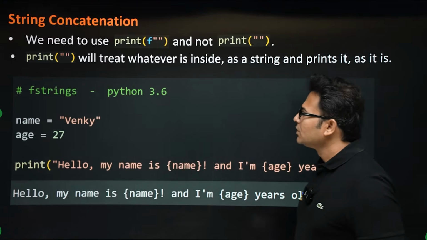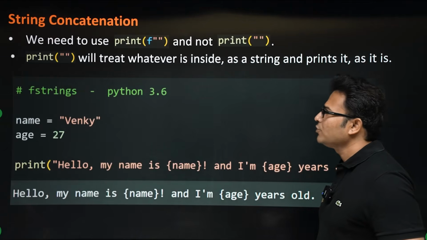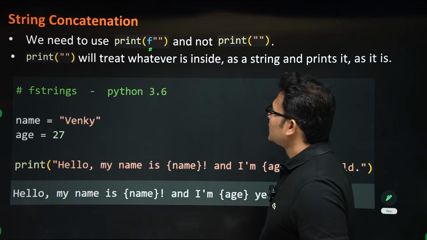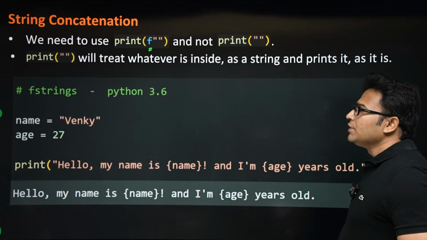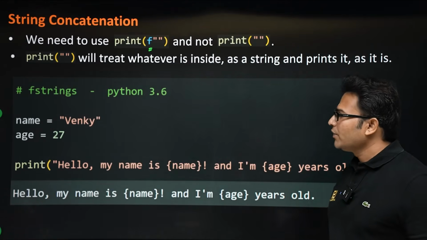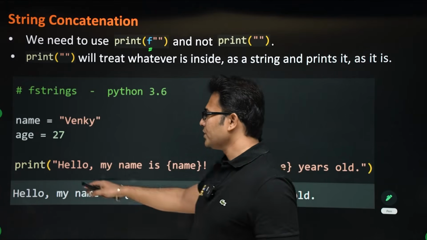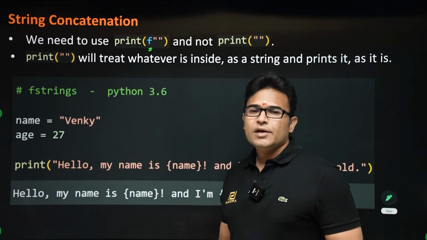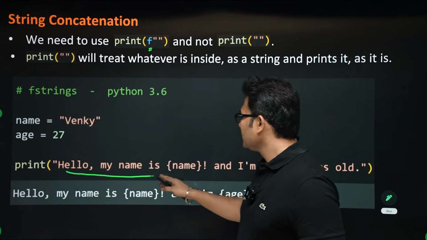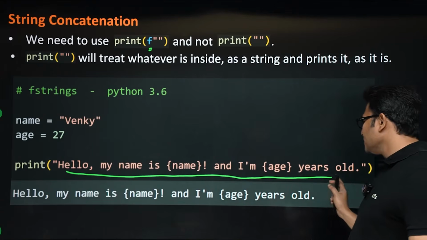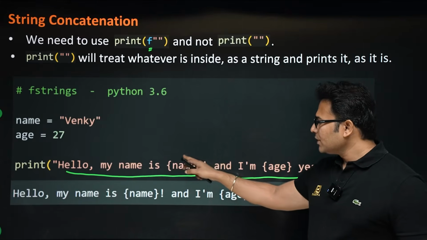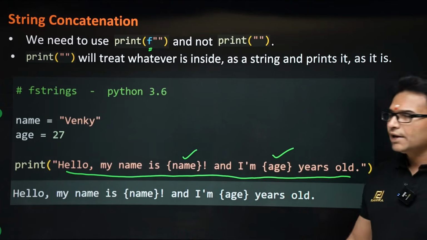In order to use an F string, you have to always start the sentence with F. Otherwise, print will treat everything as a string. You cannot say that this is a variable, right? For example, if you didn't use F in the beginning, if it is not an F string, then with hello, my name is name and I am age years old, you can see that name and age didn't get highlighted.